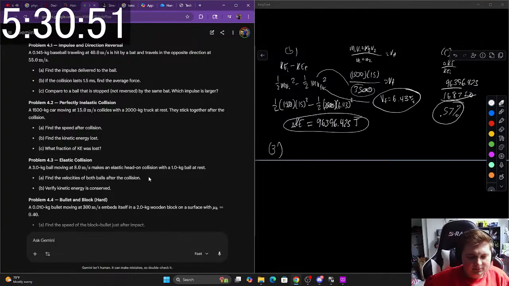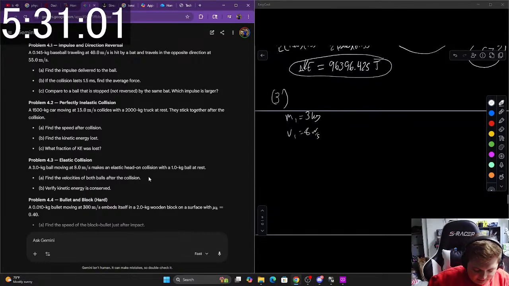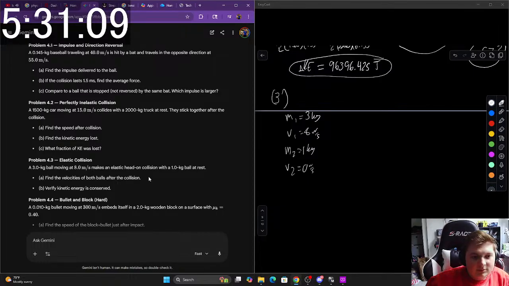Elastic collision. It's 3 kilograms. V1 equals 8 meters per second. Makes an elastic head-on collision with a 1 kilogram ball at rest. Find the velocities of both balls after the collision.